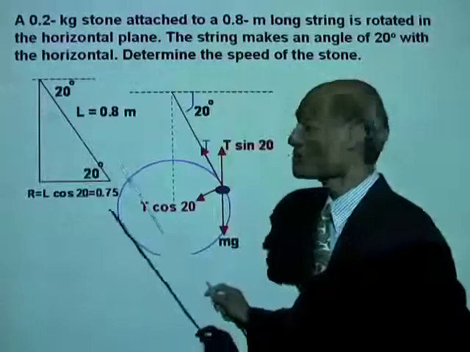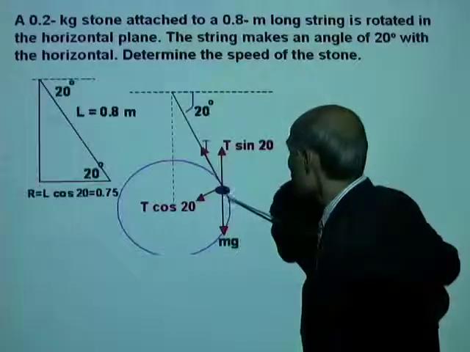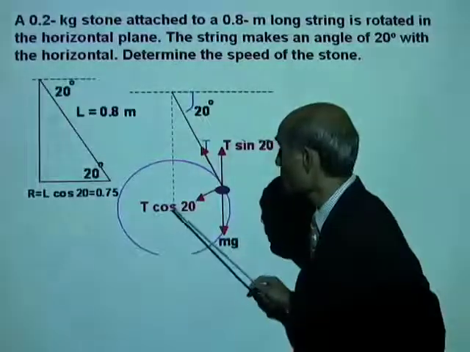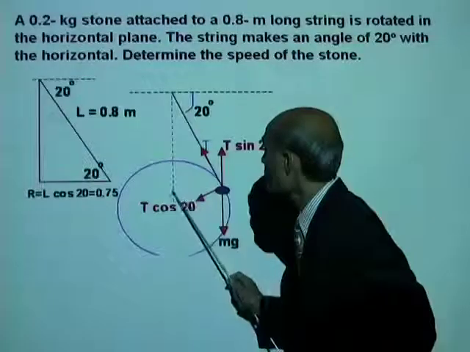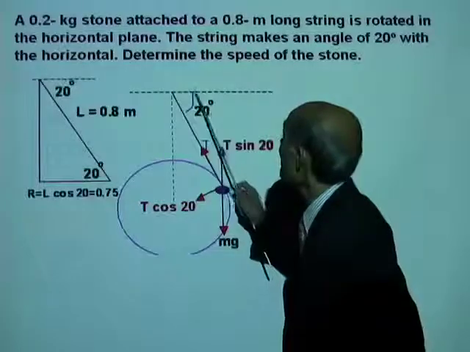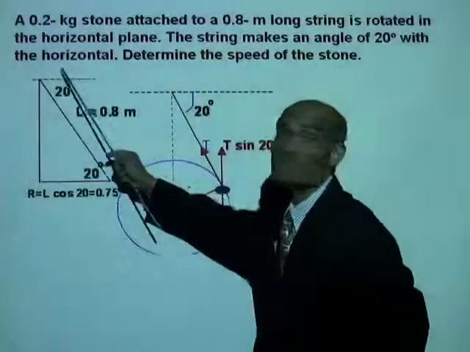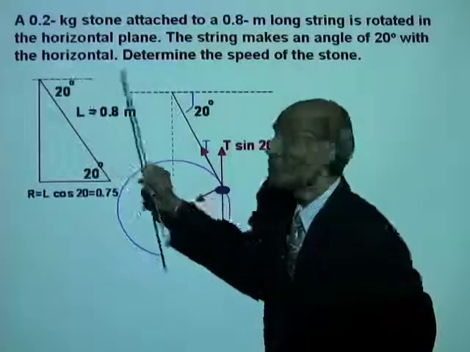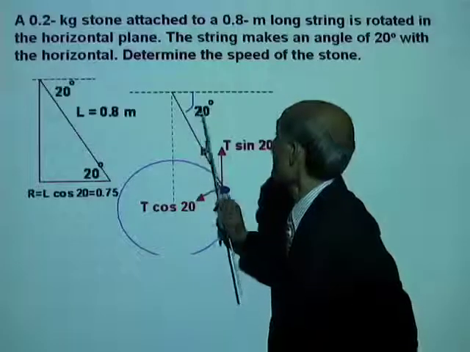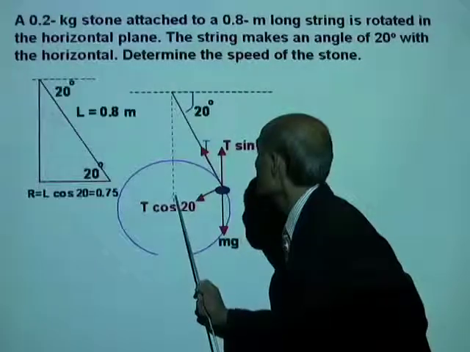Now I have drawn two diagrams here. This one is the stone going in a circle. Remember that horizontal circle? And this is the vertical position, and this is the position at any given time, and the angle given to us is 20 degrees with the horizontal, not with the vertical. Now, if that angle is 20 degrees, what will be this angle?